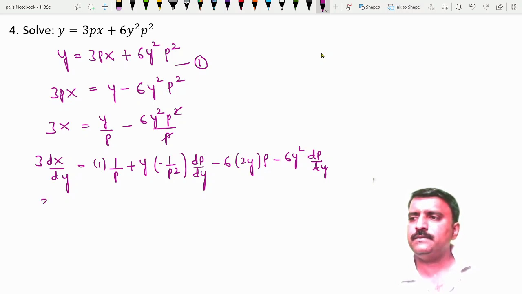3 by p is equal to, or you take this term to left hand side, it is minus 1 by p. Okay, so this minus y by p square comes to left hand side, plus y by p square into dp by dy. Next, this is 12yp, comes to left hand side, it is plus 12yp.